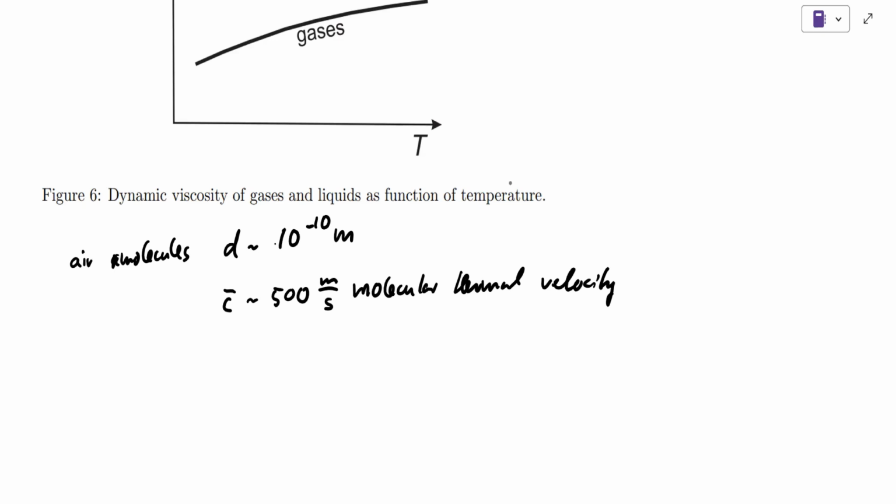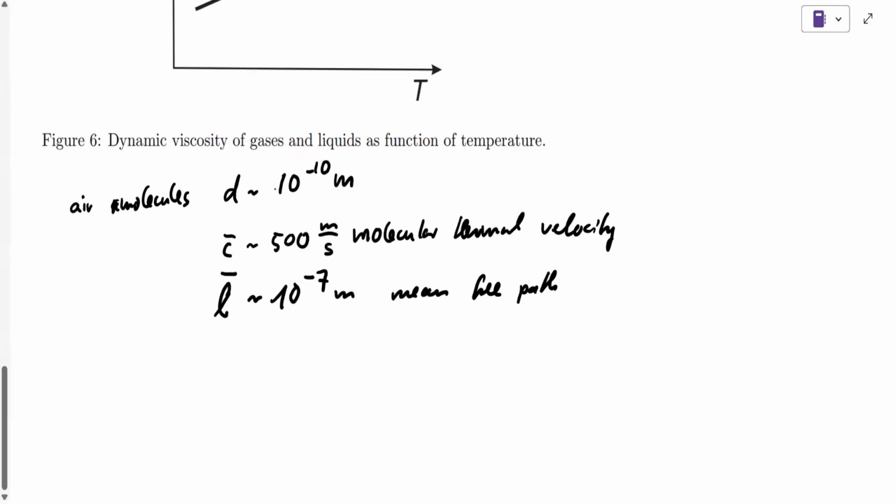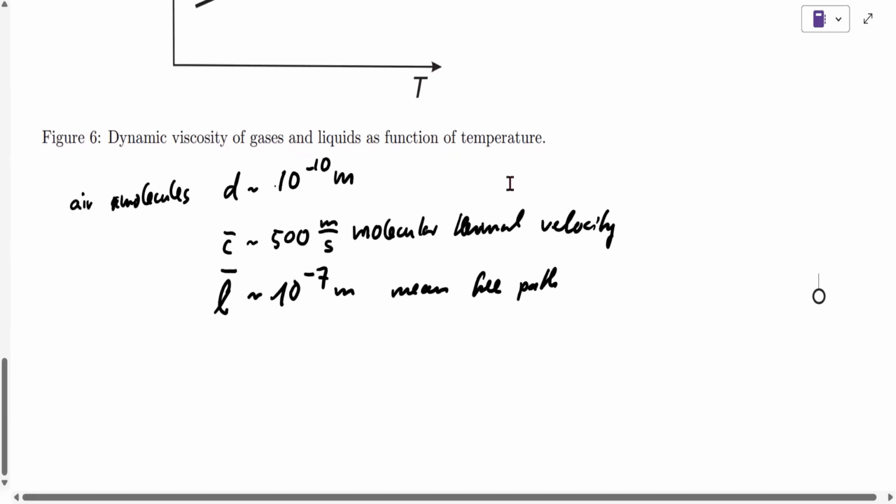And we know that we have a mean free path. So that's the distance one molecule has a free flight before colliding with another one. So 1,000 times the own diameter.